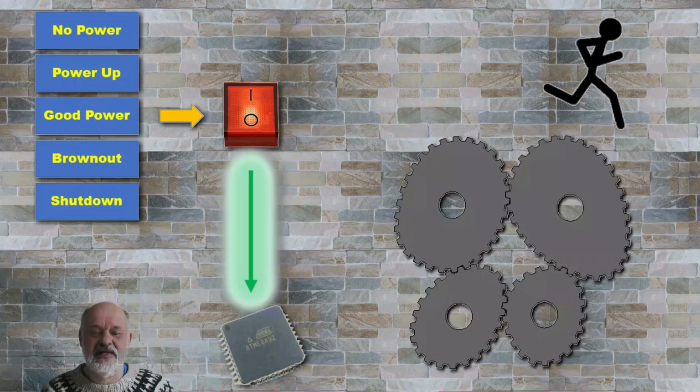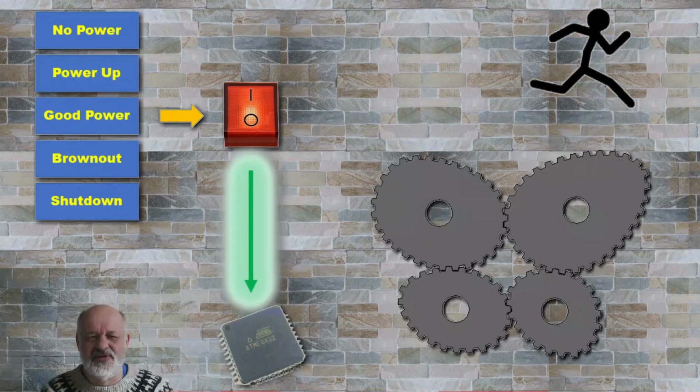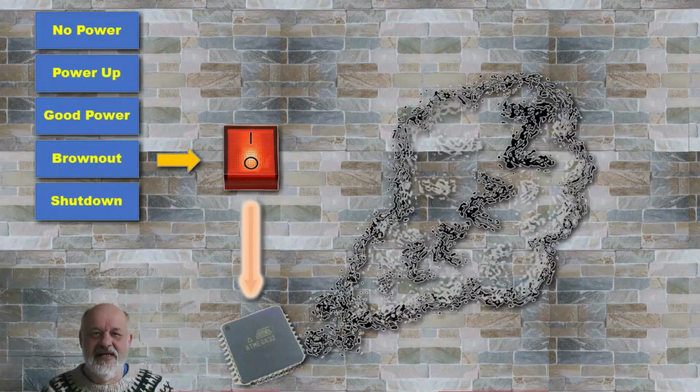Then next, probably also a very dangerous state is the so-called brownout. The power supply starts to go down, and suddenly you have a situation when there is no more adequate power supply available.